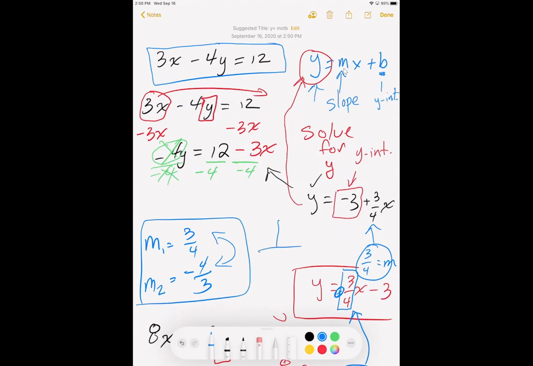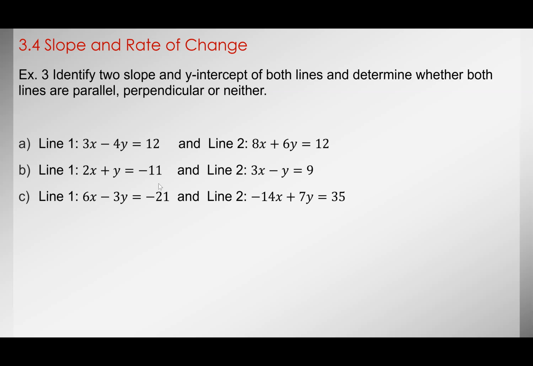To identify this, I get my y by itself. If I get my y by itself, I can identify the slope easily, because whatever number is in front of my x is my slope. So if you were to encounter this for A, B, or C, the first objective is to get y by itself: y equals mx plus b.